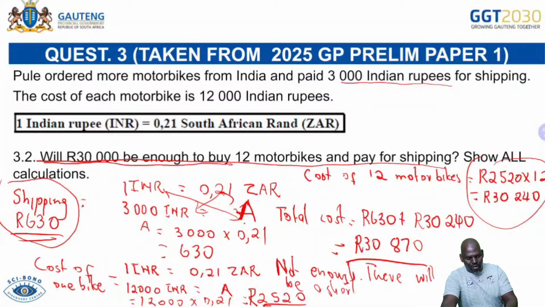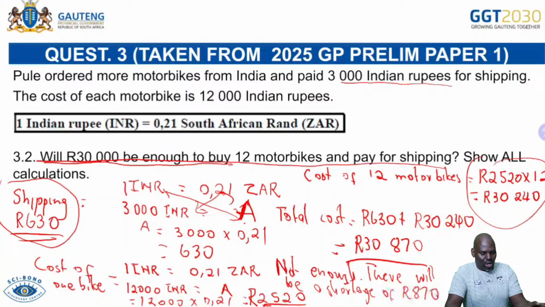After doing the calculations, since the question wanted to know if the 30,000 will be enough, you can see that you're actually going to need 30,870. So it's not going to be enough. There's going to be a shortfall of 870 rand.